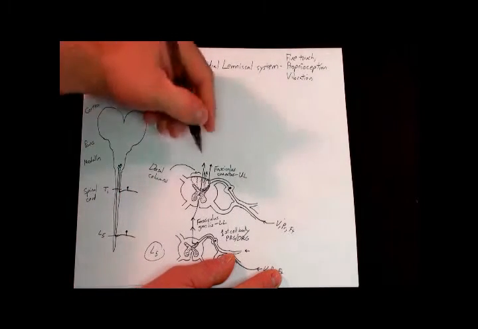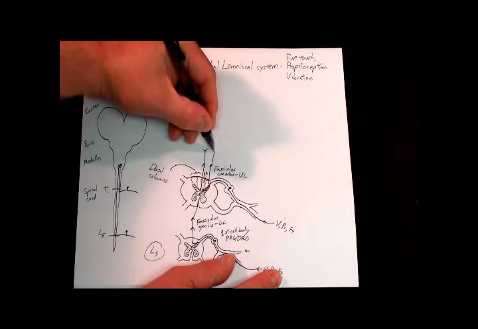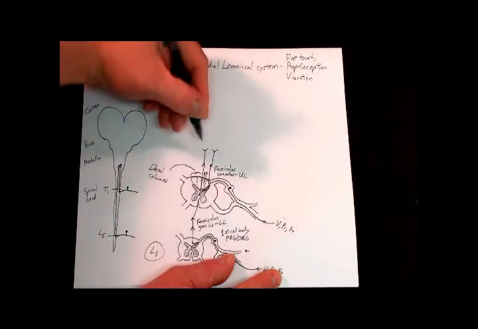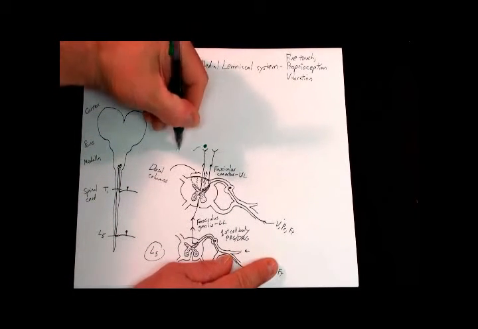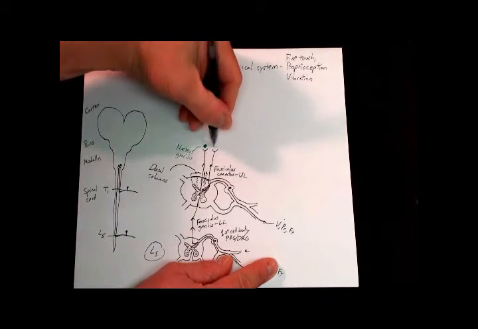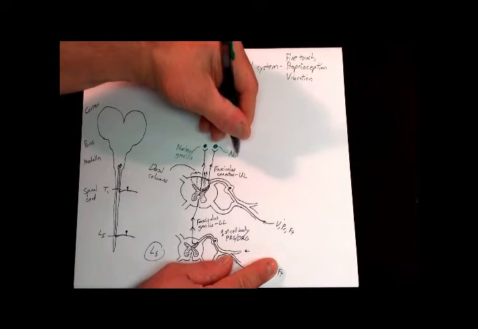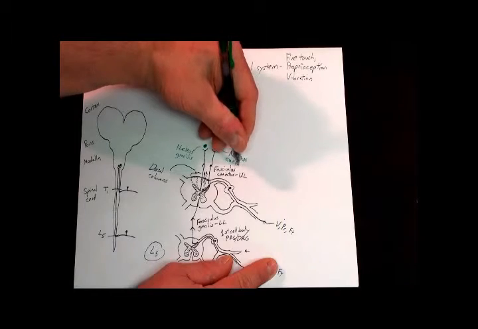And we've got the same thing happening over on this side of the diagram. And the nice thing is, the fasciculus gracilis synapses with the nucleus gracilis. Can't get any better than that. And surprise, surprise, the fasciculus cuneatus synapses with the nucleus cuneatus.